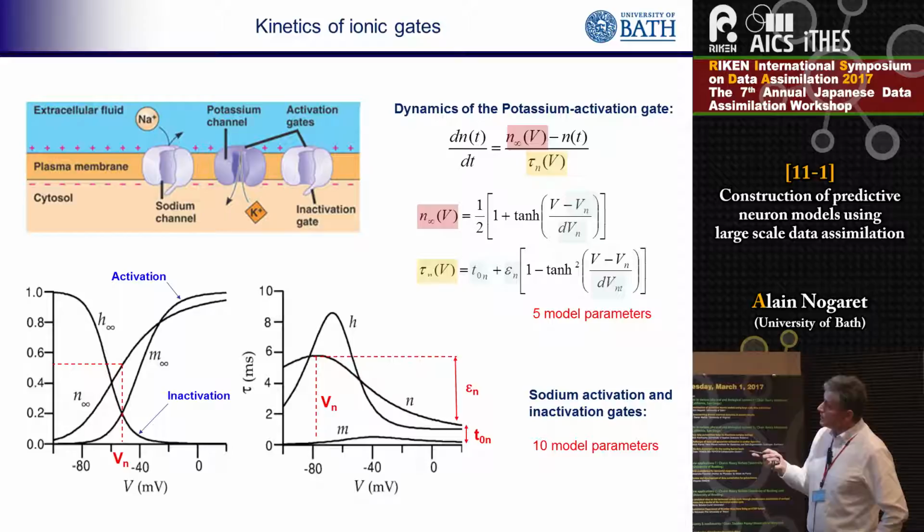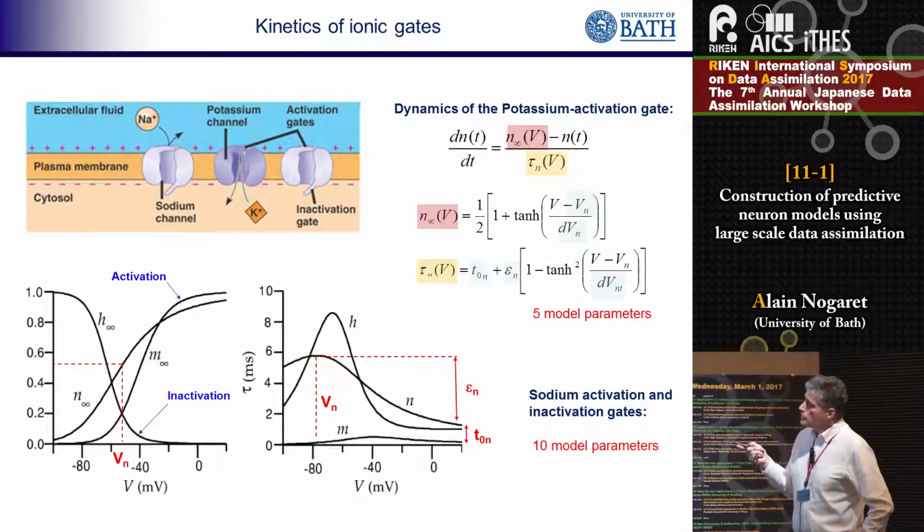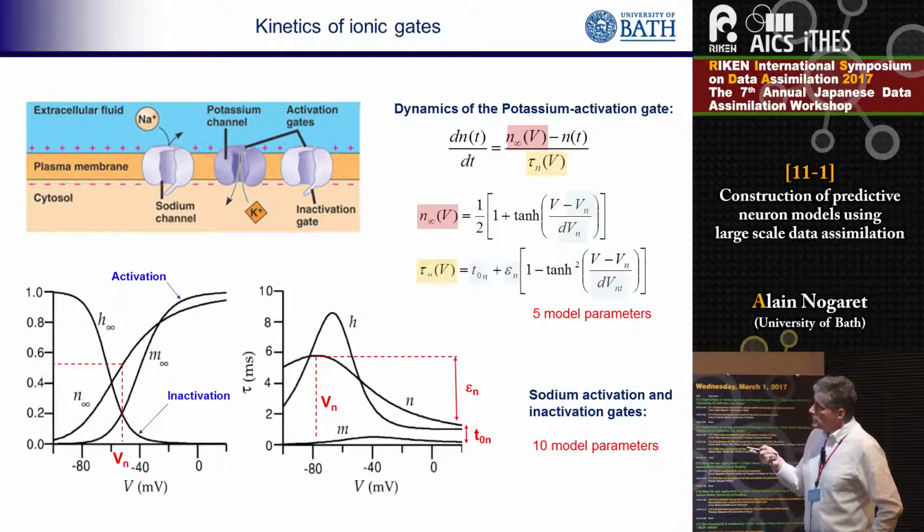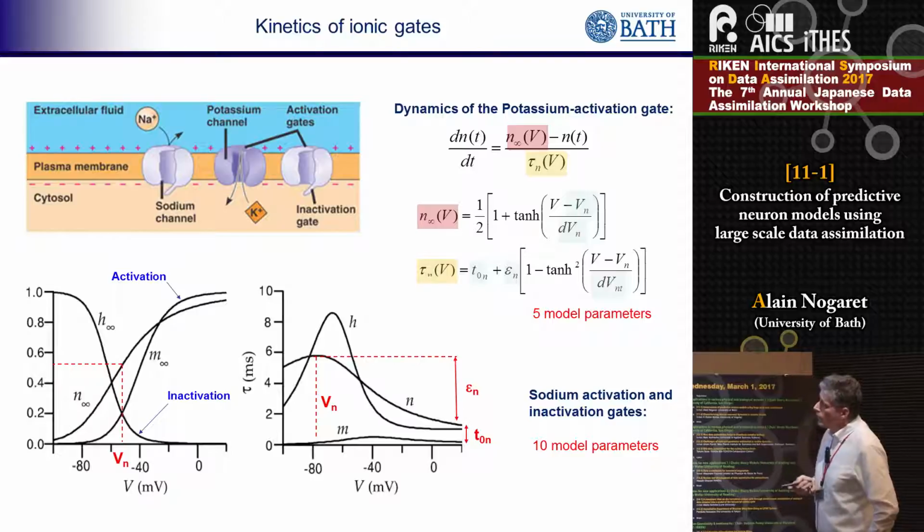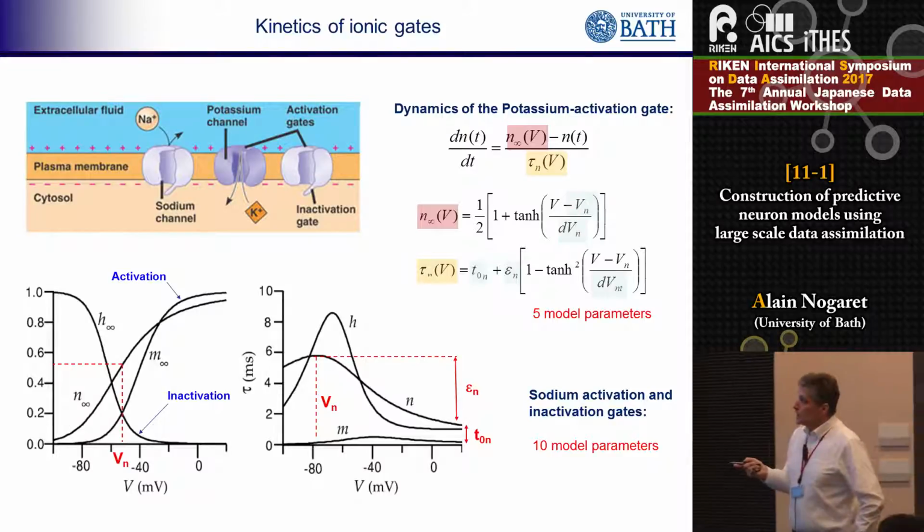This function is characterized by the threshold at which the channel opens, and also the width of the transition. So this just introduces the fact that this ion channel is characterized by 1, 2, 3, 4, 5 model parameters.